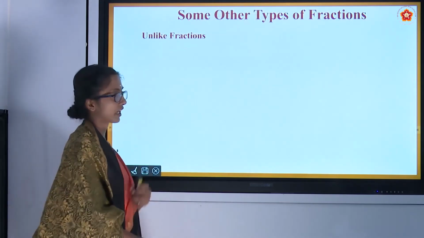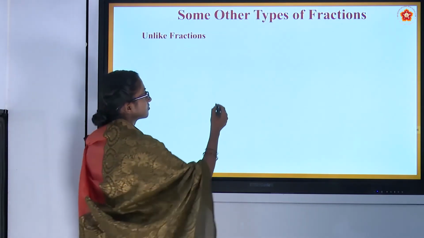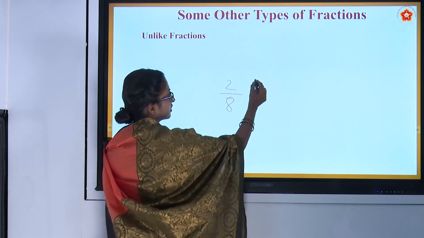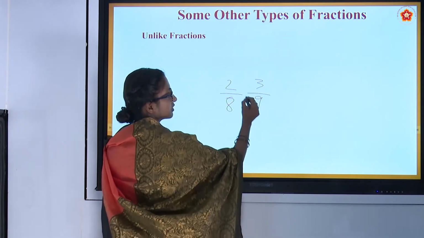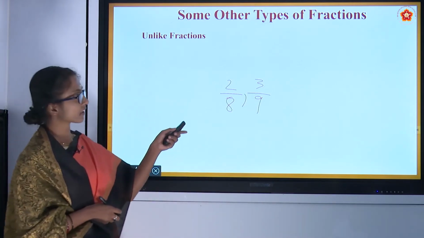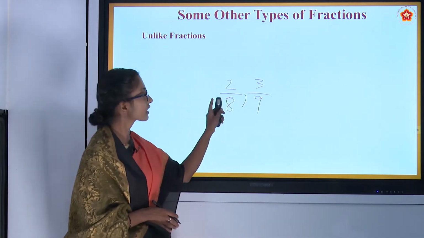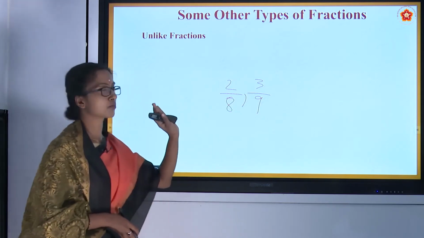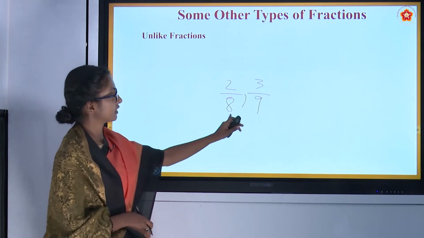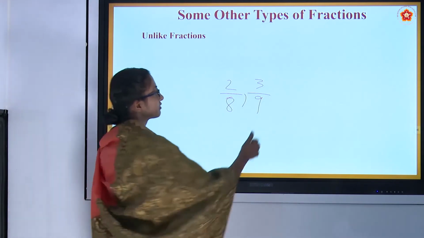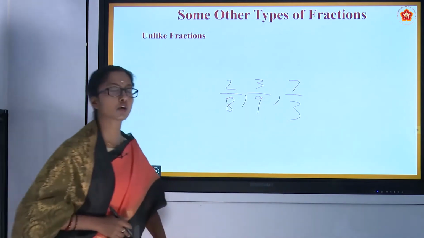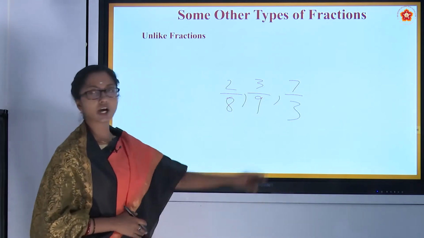Now, unlike fractions. These don't have the same type of denominator, right? Even the numerators are changed, but let's not think about that now. Let's concentrate only on the denominator. 8 and 9 both have different denominators. In 7 by 3, even here the denominator differs from the other two.